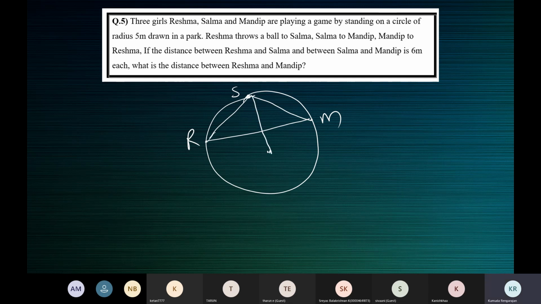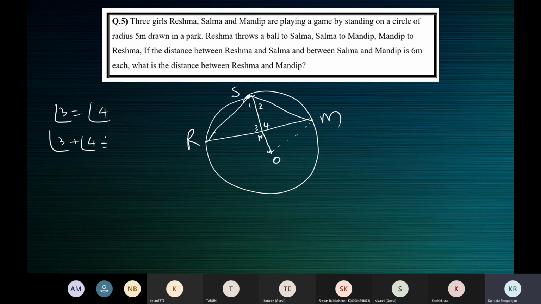Let me draw it again: this is 1 and 2, and let's call these 3 and 4. So angle 3 is equal to angle 4, CPCTC.